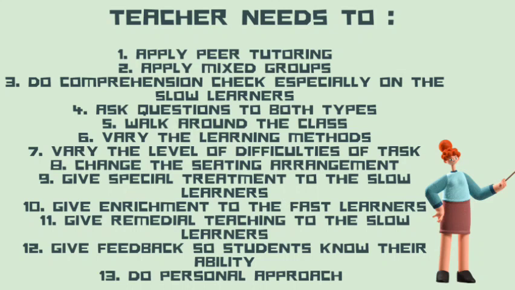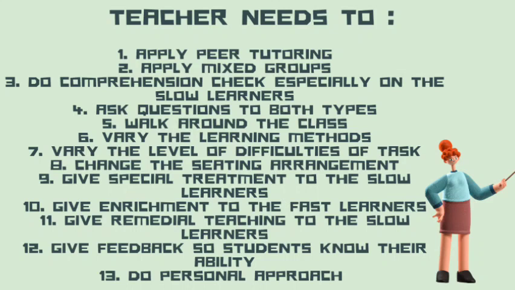You can make the fast learner a tutor of the slow learners, or you can apply mixed groups of fast and slow learners in group discussion. You also can do comprehension checks, especially on the slow learners. Ask questions to both types. Don't focus only on the slow or on the fast.